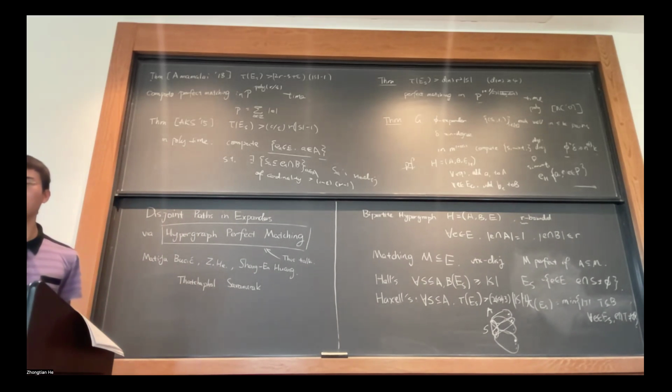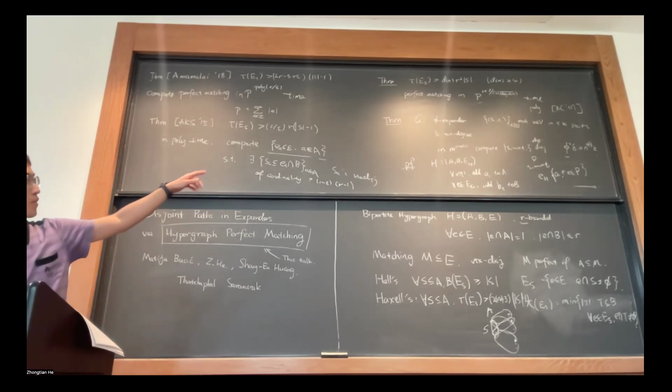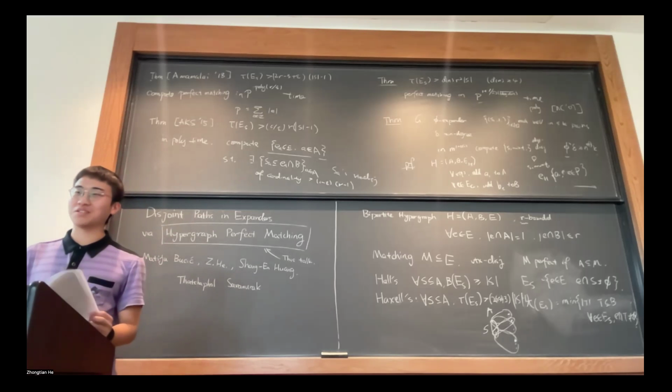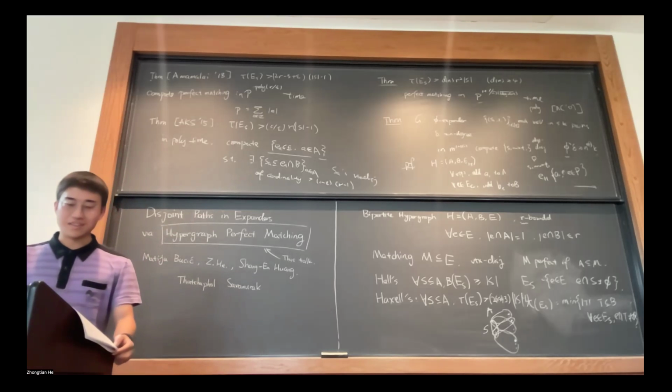Sorry, I have another suggestion for you. Is there a single technical lemma that is used in both theorems? Or is it only that you use similar algorithms? Yes, we do have a technical lemma, but it is not a black box.